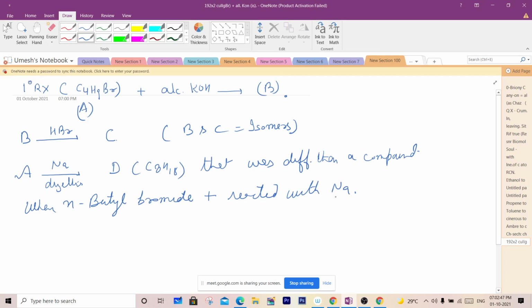In this statement, A and C are isomers, right? B and C are isomers. Identify A, B and C. So A and C should be isomers, right? B will be alkenes.